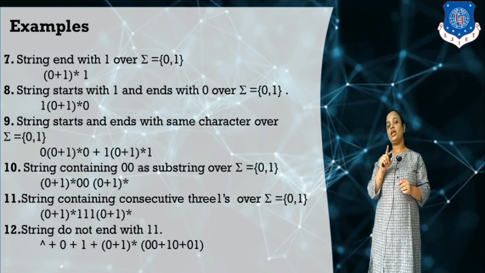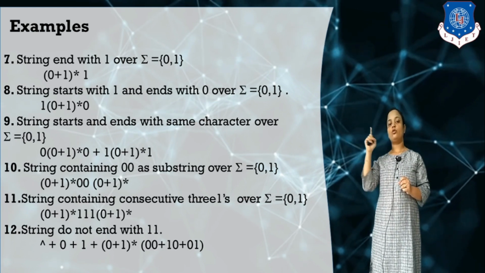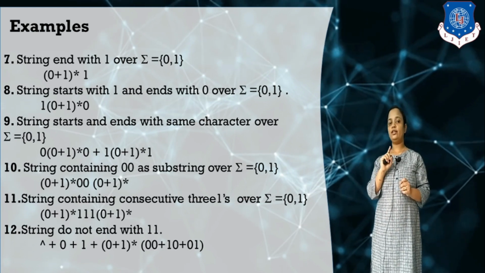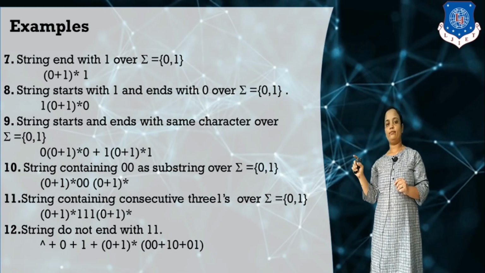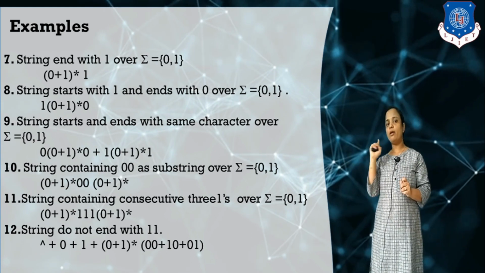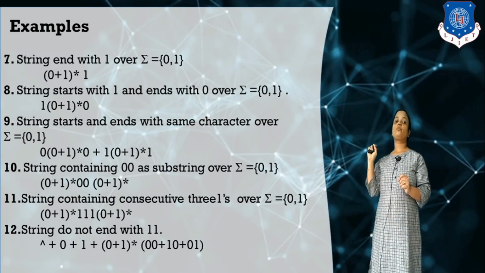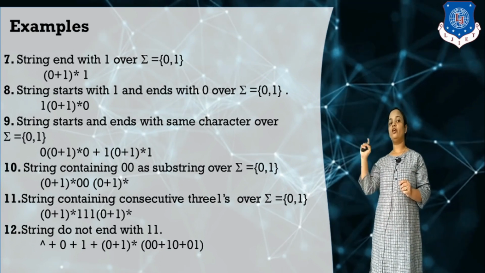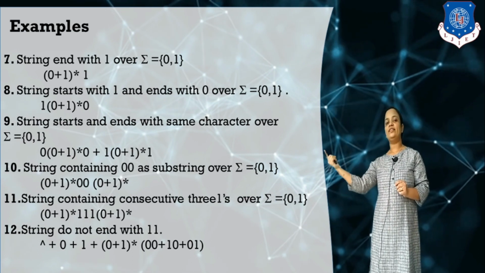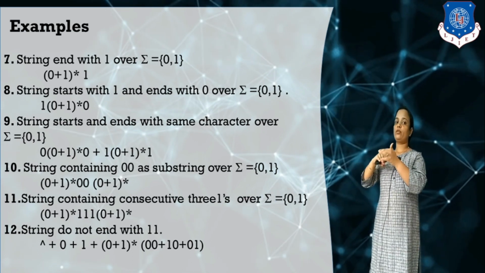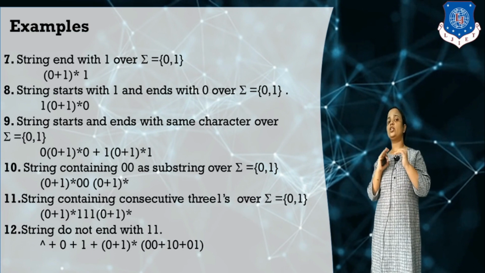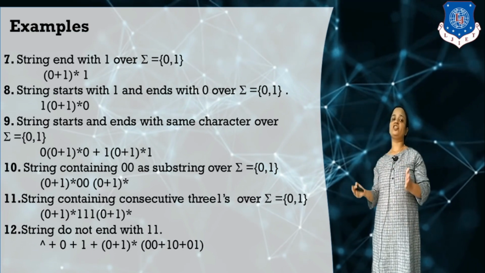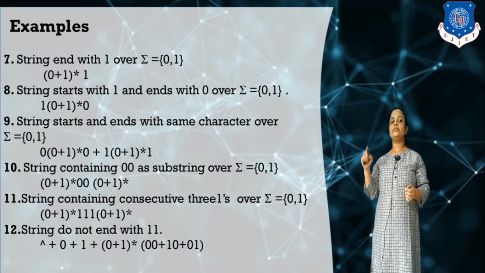They have given the position that it must not end with double 1, so length 2 is written at the end. For length 2, what valid combinations can we take? 00, 10 and 01, but not 11, because it may end with double 1. Before this, 0 plus 1 star, meaning any combination of 0 and 1 is allowed.